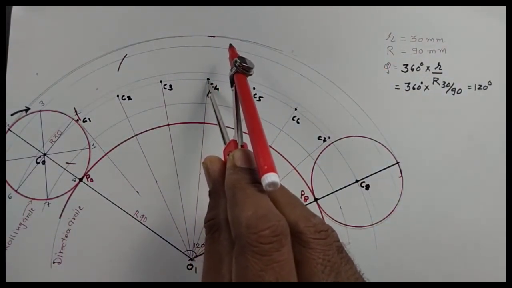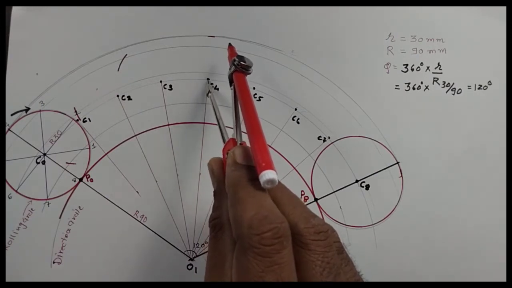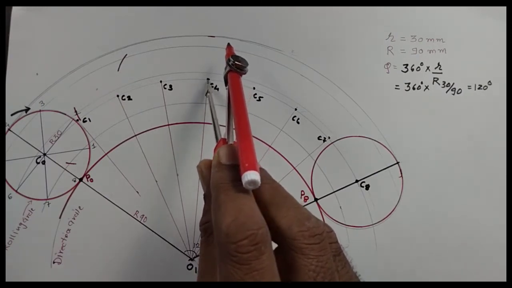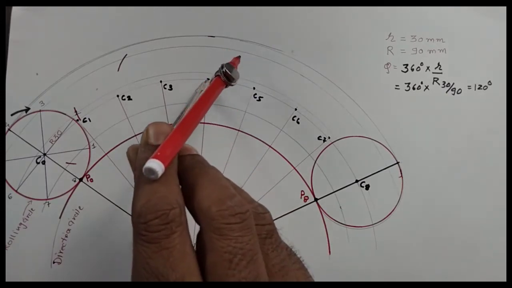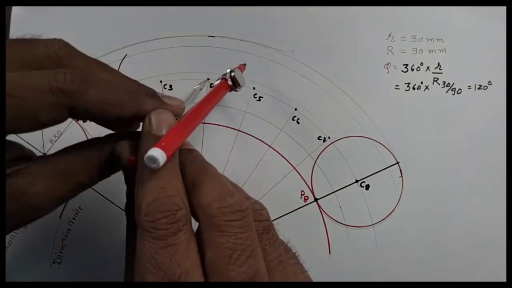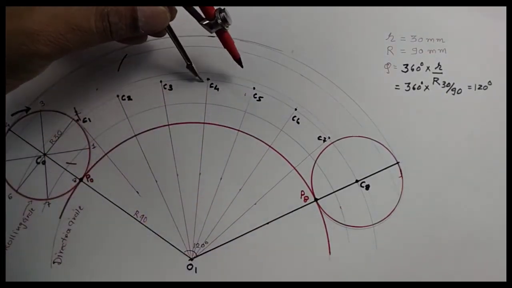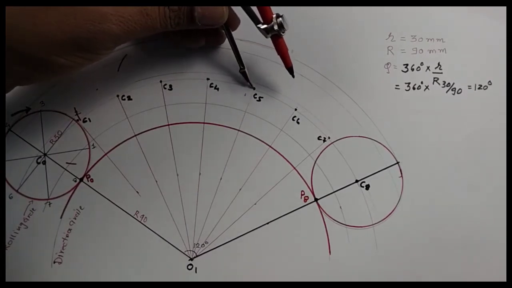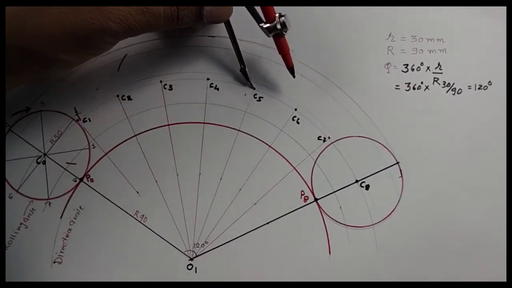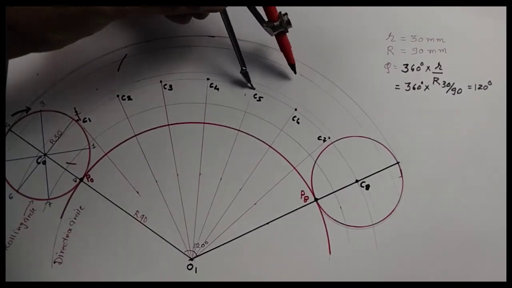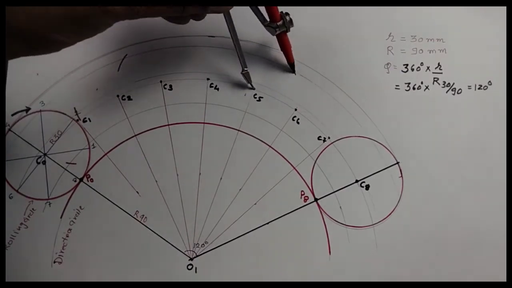After the half of revolution, your point P is on the right hand side, so we change the direction of the arc. Choosing the C5 point as the center, we draw the arc on the 5 number circle. So this is P5.